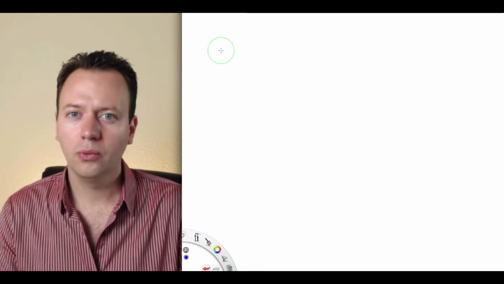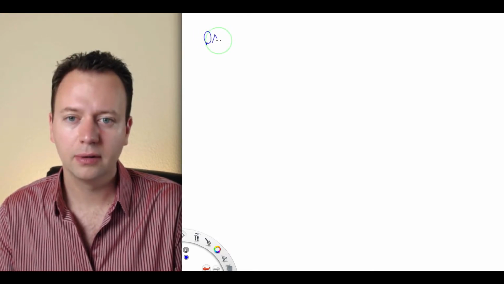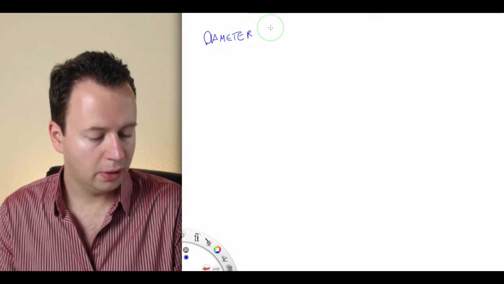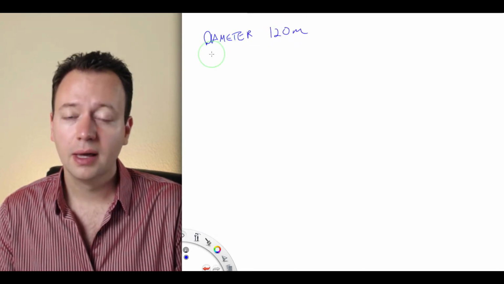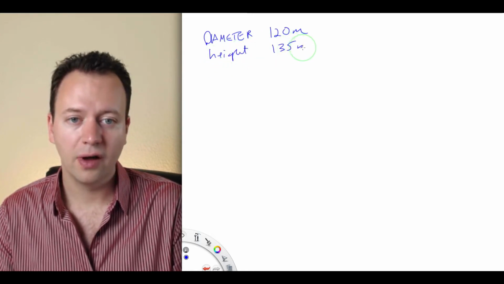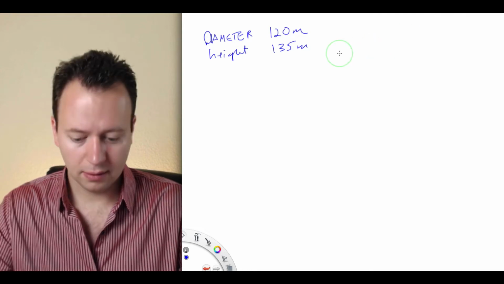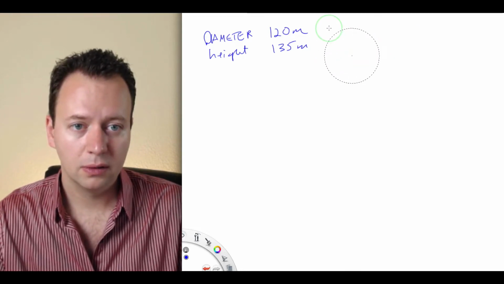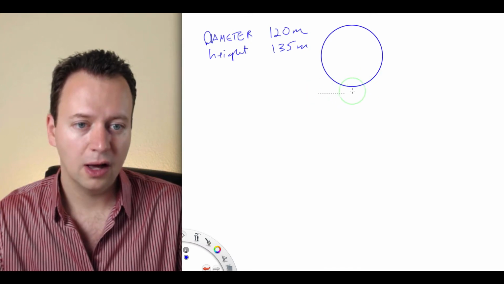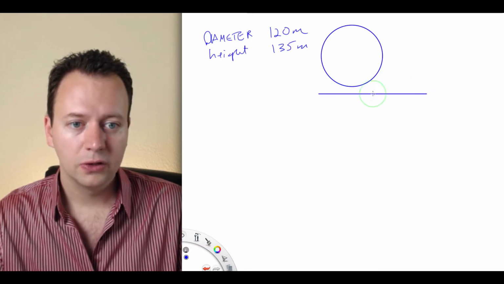When we did the London Ferris wheel earlier, we saw that the diameter of the Ferris wheel was 120 meters, and that the height of the Ferris wheel was 135 meters. So essentially, the Ferris wheel looked like this, slightly off the ground like that.